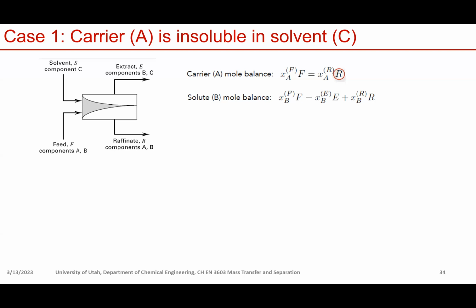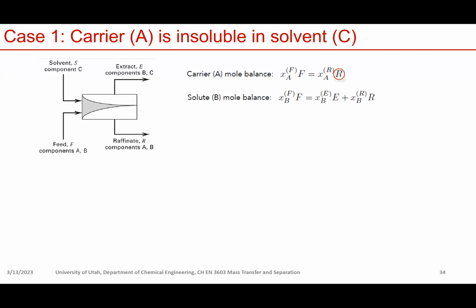So next, let's look at the mole balance of component B. For B, the incoming stream contains B only in the feed stream. It's not present in the solvent. But when the extract and raffinate leave the separation unit, we have B present in both of them. So the incoming moles of B equals the mole fraction of B in the feed multiplied by the feed flow rate.